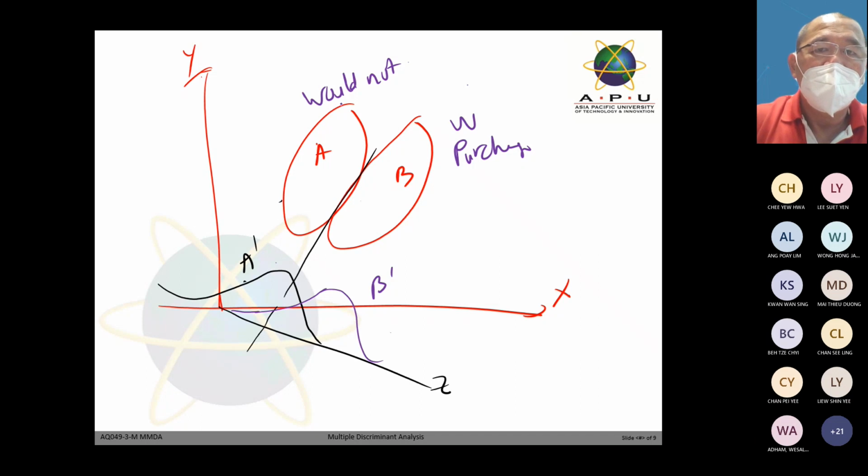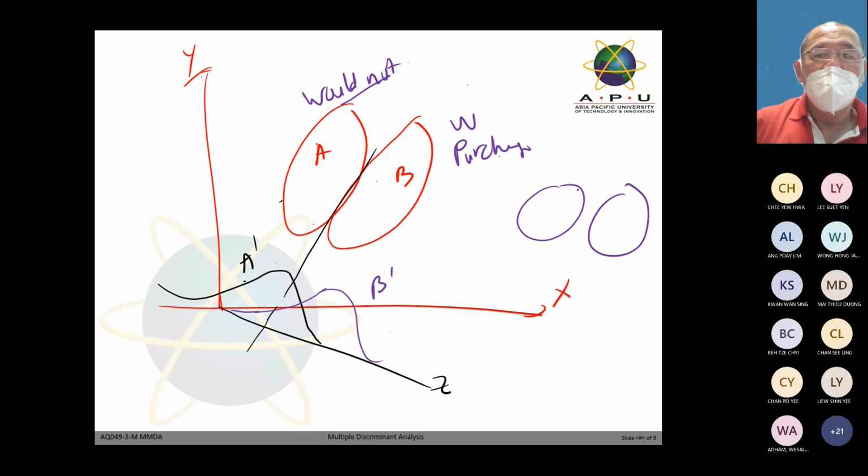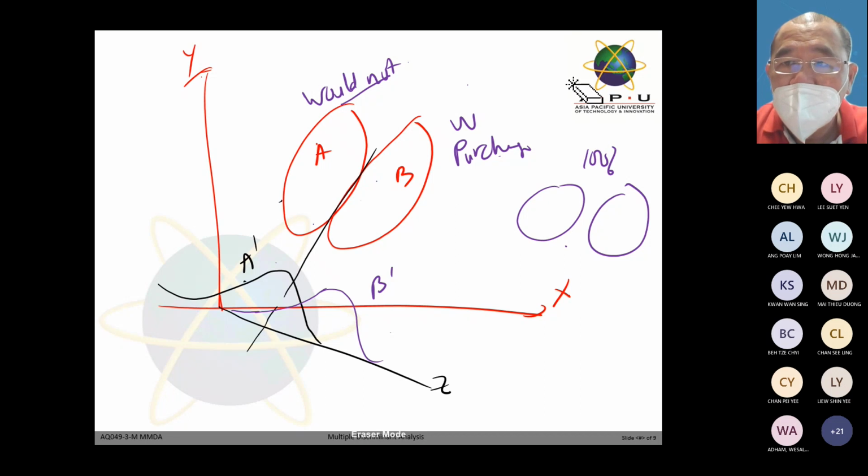Maybe they would not purchase, but you put it into the wrong category. They would not purchase, but we put it under the would purchase. This one may happen. So therefore, they are not totally like this. Because if totally like this, they are too independent, means we can get the answer 100%, 100% accuracy. But sometimes not like that.